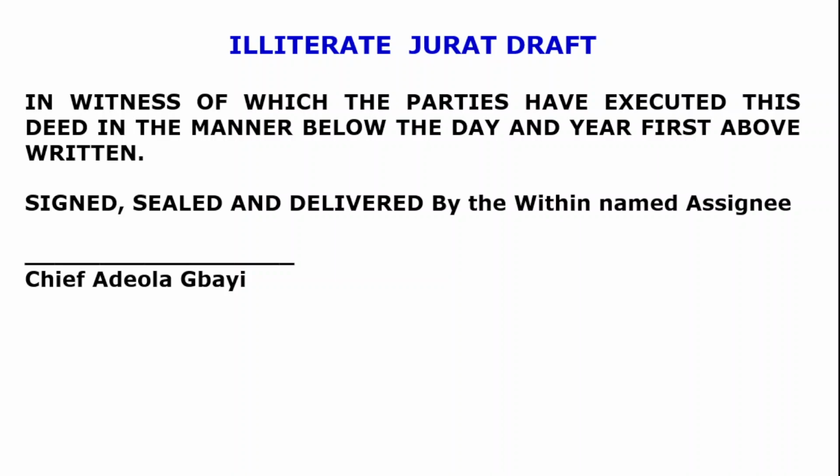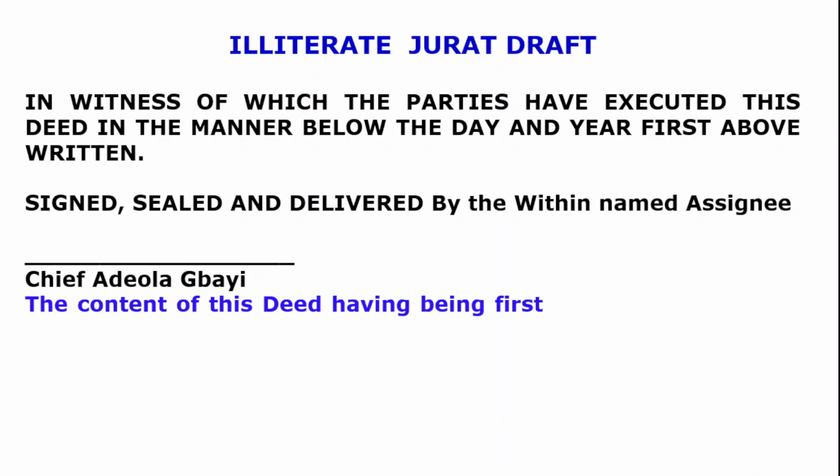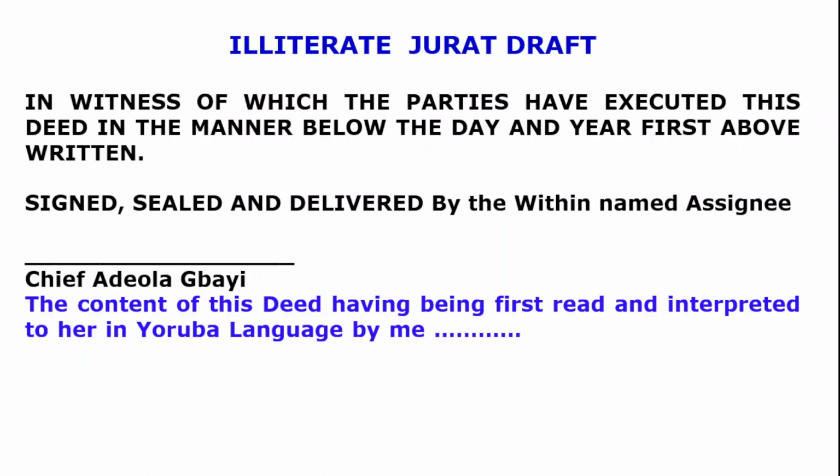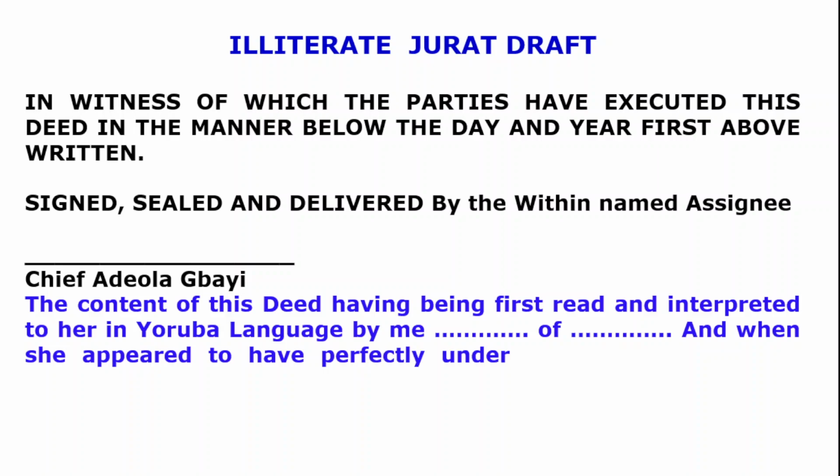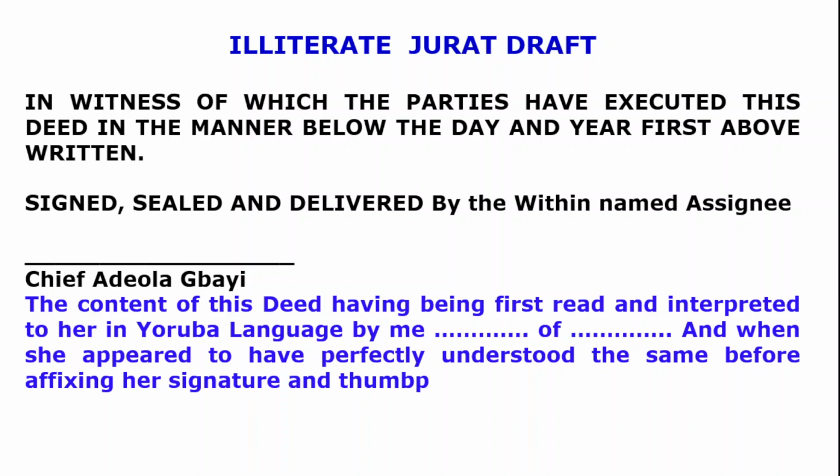This is how to write it. It says, "The content of this deed having been first read and interpreted to him in Yoruba language by me of dash", that is your address, "and he appeared to have perfectly understood the same before affixing his signature and thumbprint." So you can see that it captures the whole essence of appending your signature: that before appending the signature, it is clear that Chief Adeola Gbayi does not speak English.